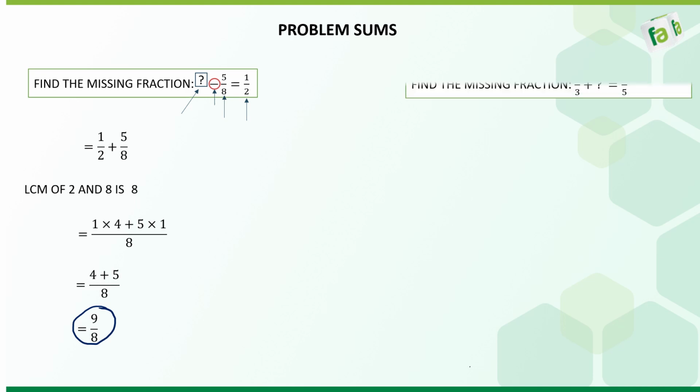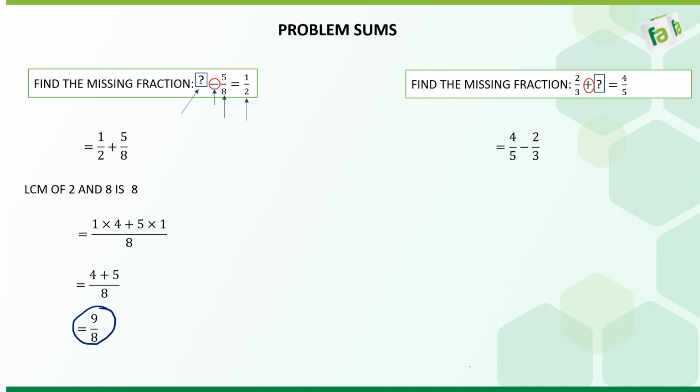Let us observe this question. Over here, we have a plus sign and a missing fraction. Since we have a plus sign here, to find the missing fraction, we need to subtract 2 by 3 from 4 by 5.